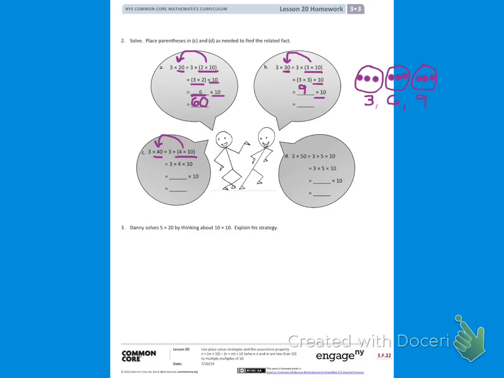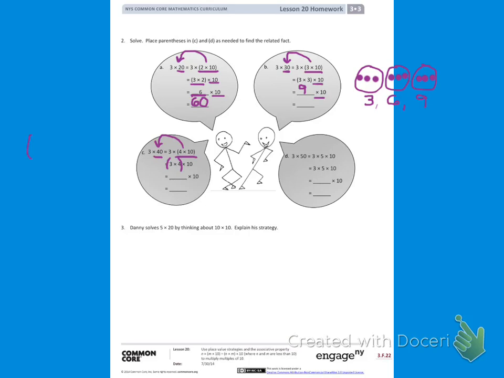So instead of having the parentheses around 4 times 10, let's use the associative property and relocate those parentheses. Now, we have 3 times 4 times 10. 3 times 4 means 3 groups of 4.